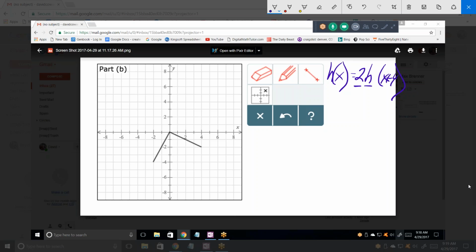It has a reflection. So that 2, that's a vertical stretch, because it's outside the function. What's the consequence of the plus 4? It moves to the left 4 units. Horizontally, a shift left by 4. In other words, you have to spell it all out.